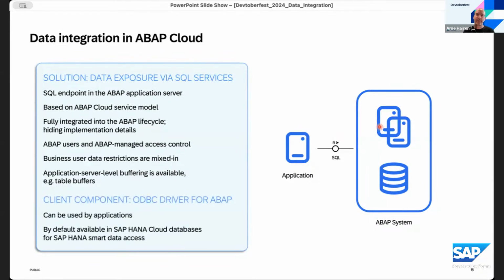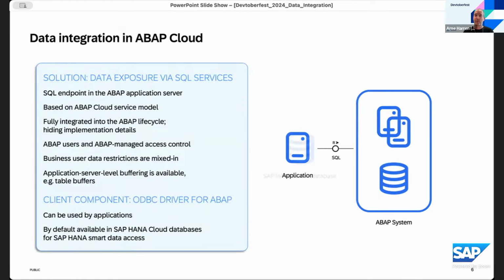We also provide a client component for the SQL services, which is the ODBC driver for ABAP. It is a standard ODBC driver, which can be used inside every application that supports ODBC drivers, like, for example, Microsoft Excel, which we will see later in the demo.